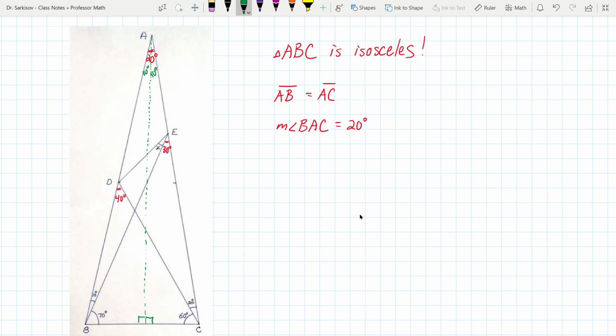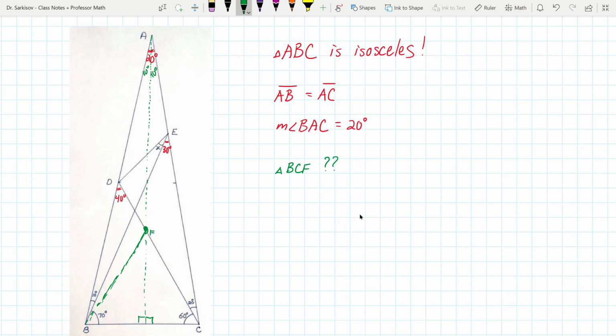What I do see is this point of intersection here catches my eye. Call this point F for a moment. The reason it catches my eye is that if I connect B to F, what happens? What I'm interested in is triangle BFC, or BCF.